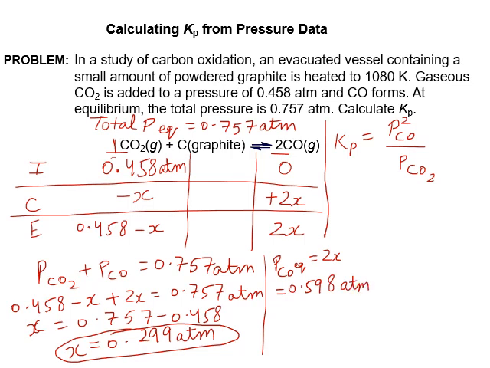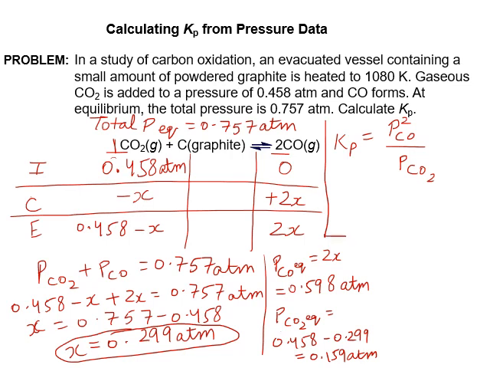Similarly, I'll solve for the pressure of CO2 at equilibrium, which is going to be 0.458 minus 0.299. The value I have is, what does my calculator give me? Let me see, 0.159 atm. So now I have the pressure of CO2 and CO at equilibrium.